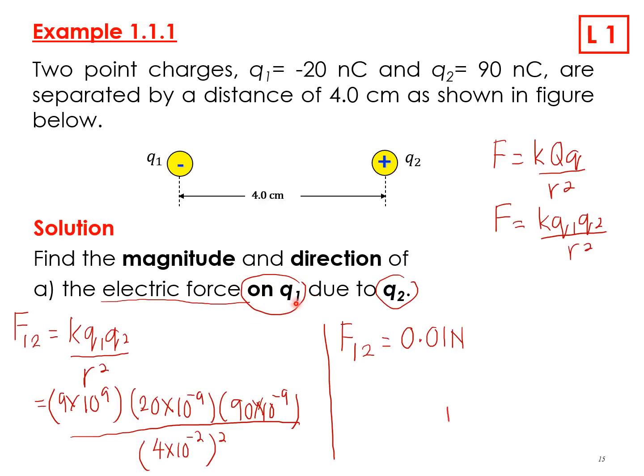The force comes out from Q1, either moving towards Q2 or away from Q2, depending on the other charge. Recall from the earlier slide that same charges repel and opposite charges attract. Here we will use that prior knowledge.